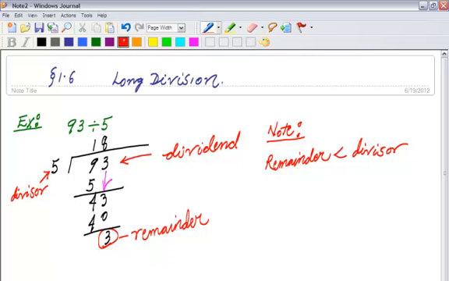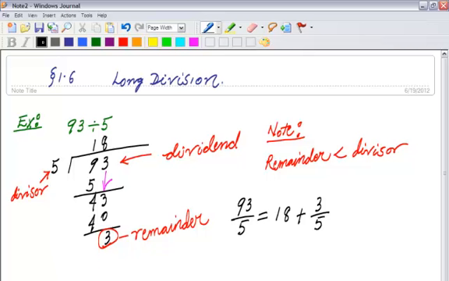Okay, now when we used this long division procedure to divide 93 by 5, what we obtained is the following. If I divide 93 by 5, that's equal to 18 plus 3 divided by 5.